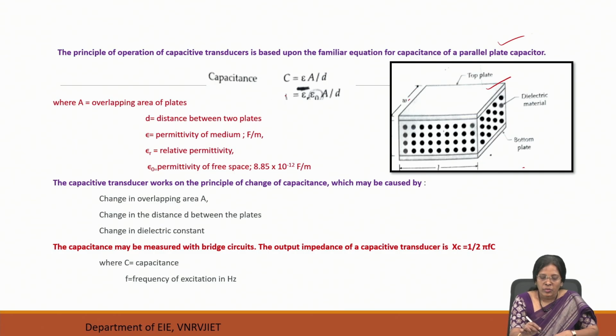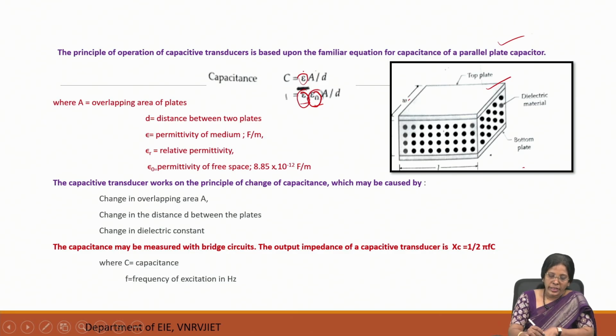The capacitance C is equal to epsilon A by D, where epsilon is the permittivity of the medium. This epsilon we can write as epsilon R into epsilon naught, where epsilon R is the relative permittivity and epsilon naught is the permittivity of free space, that is 8.85 into 10 to the power of minus 12 Farad per meter.